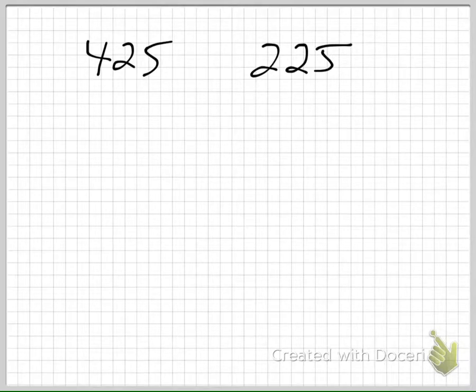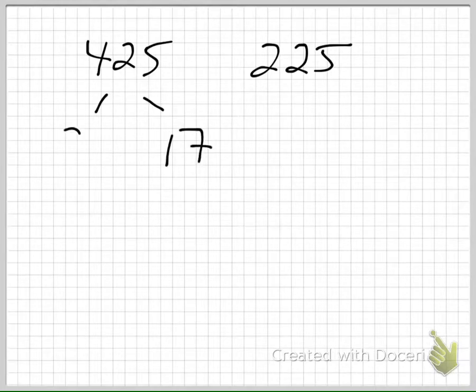Are we all watching here? Here's how you do it. Find the prime factorization of 425. What for sure goes into 425? 25 does. Could you do 5? 5 does. That would be a little bit more work, but if you could do 25, that's great. How many times does 25 go into 425? 17.